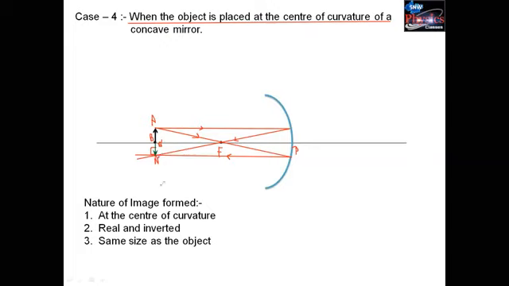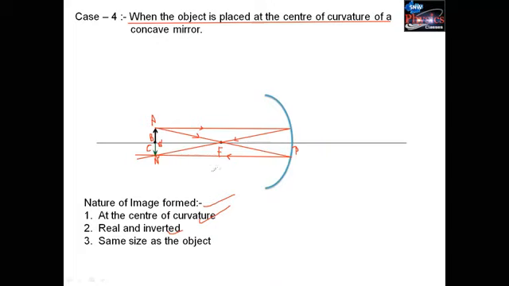Now the nature of the image formed is at the center of curvature. The image we got is exactly on the center of curvature, that is C. Where is it? It is right on our C. Next, it is real and inverted.